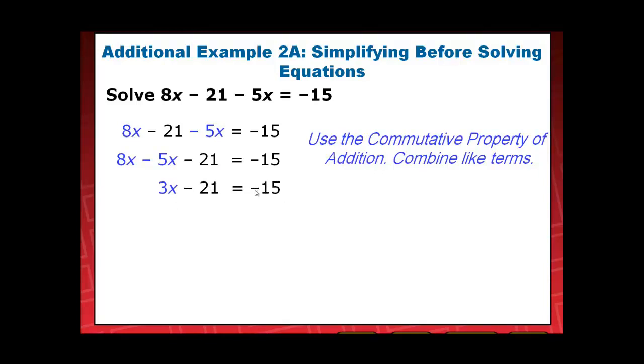Now what will we do? We set the order of operations. We start with divide, multiply, adding, subtracting. But here we will go backward. So we will start with adding or subtracting and then multiplying or dividing.